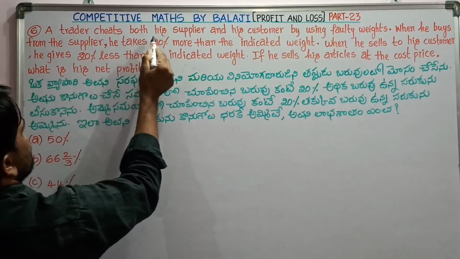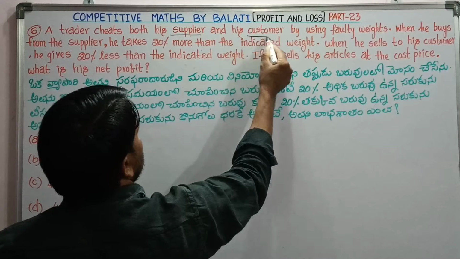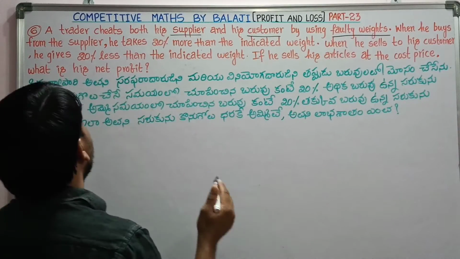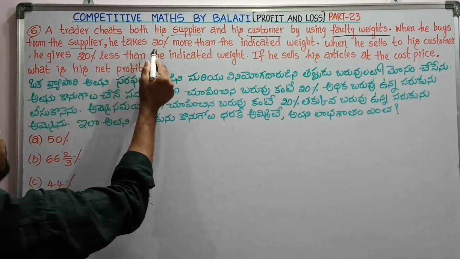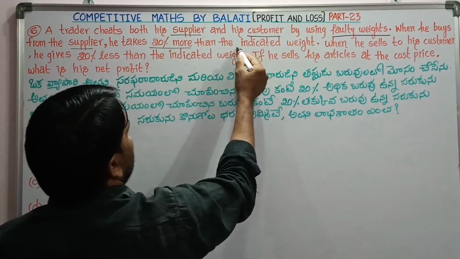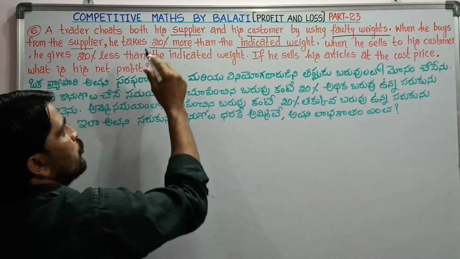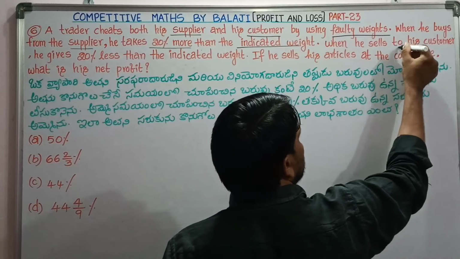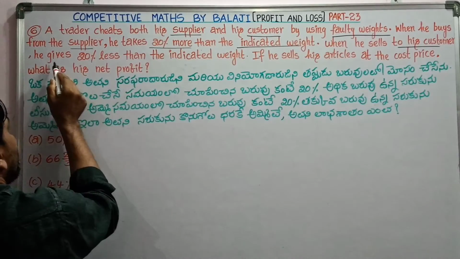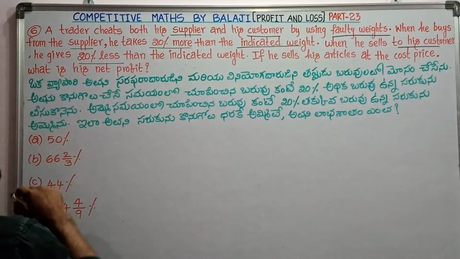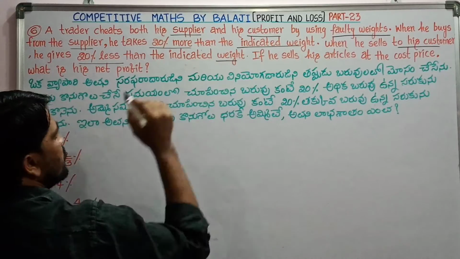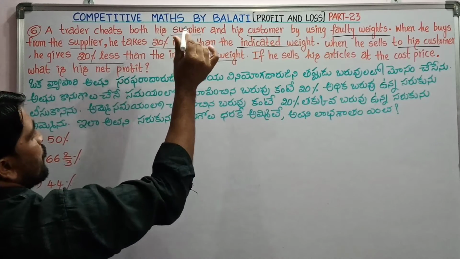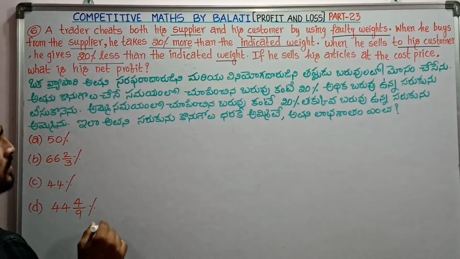A trader cheats both his supplier and his customer by using faulty weights. When he buys from the supplier, he takes 20% more than the indicated weight.